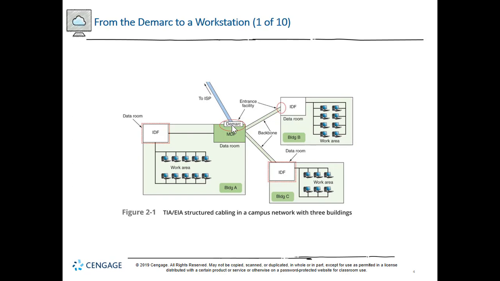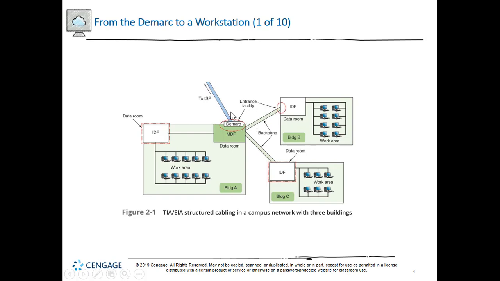The entrance facility is not the lobby where you walked into the building. The entrance facility is where the telecommunication company has brought the data into us and then transfers the responsibility over to us. Now, you see here in this data diagram, we have two entrance facilities, okay? One here to Demarc and one at the IDF.